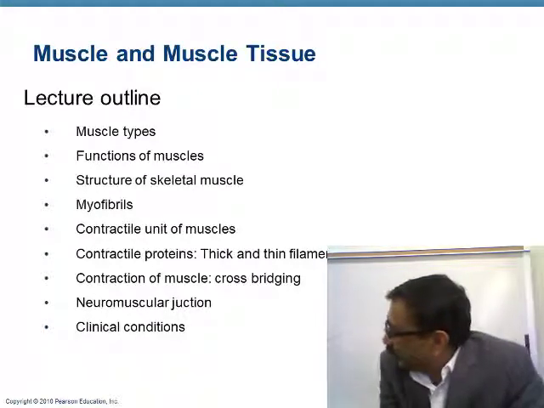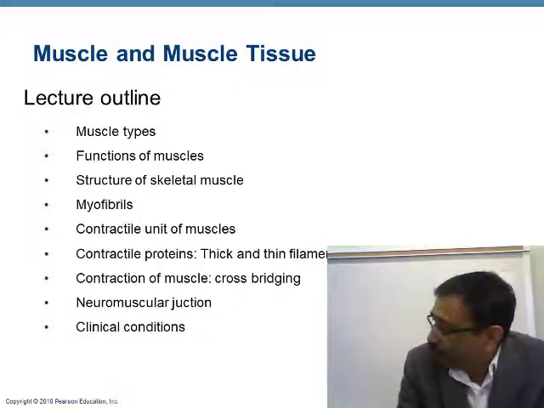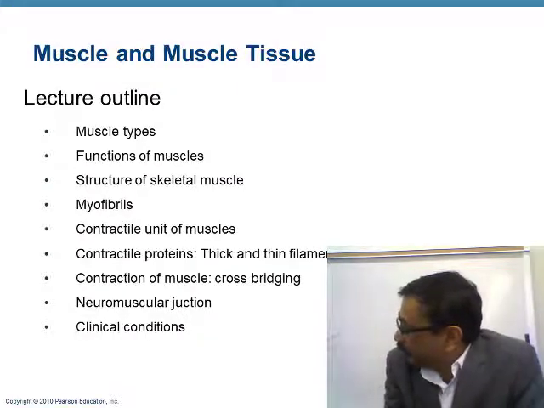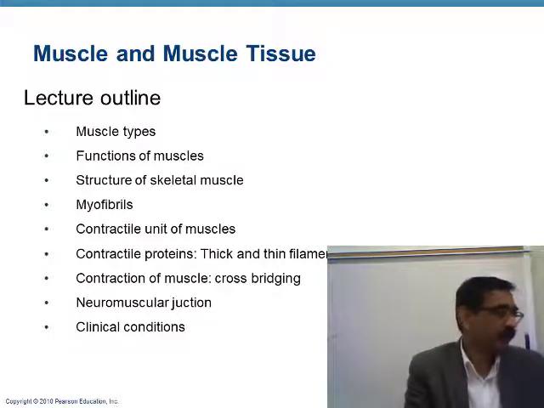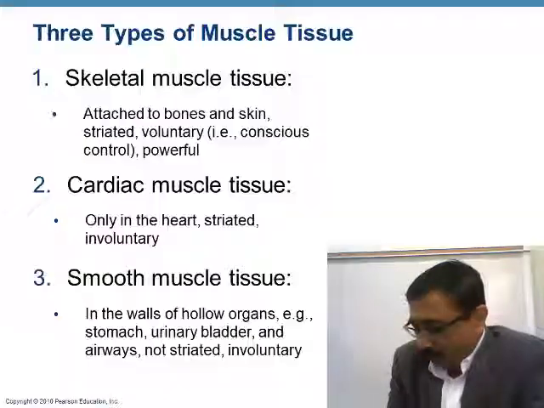Then we'll talk about the cross-bridging, neuromuscular junction, and a couple of clinical conditions related to muscle contraction. So first, you know, there are 3 types of muscle tissues.